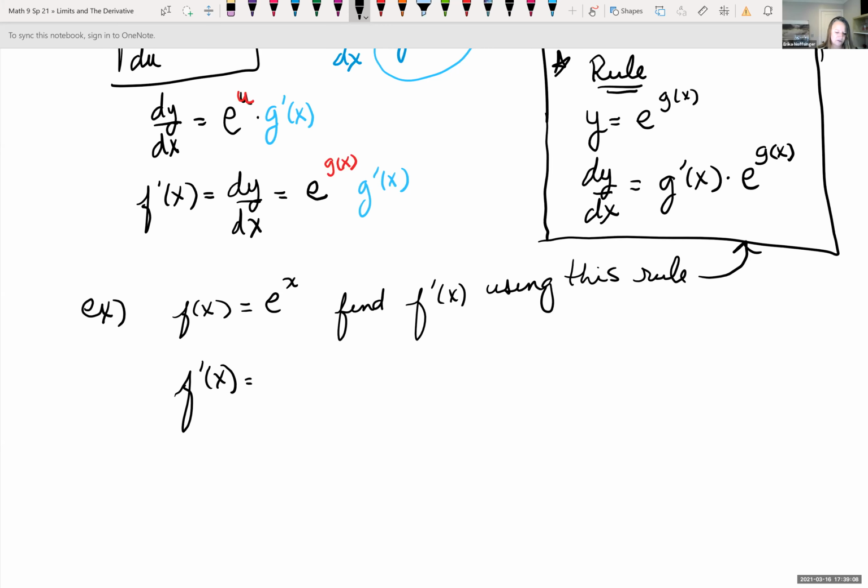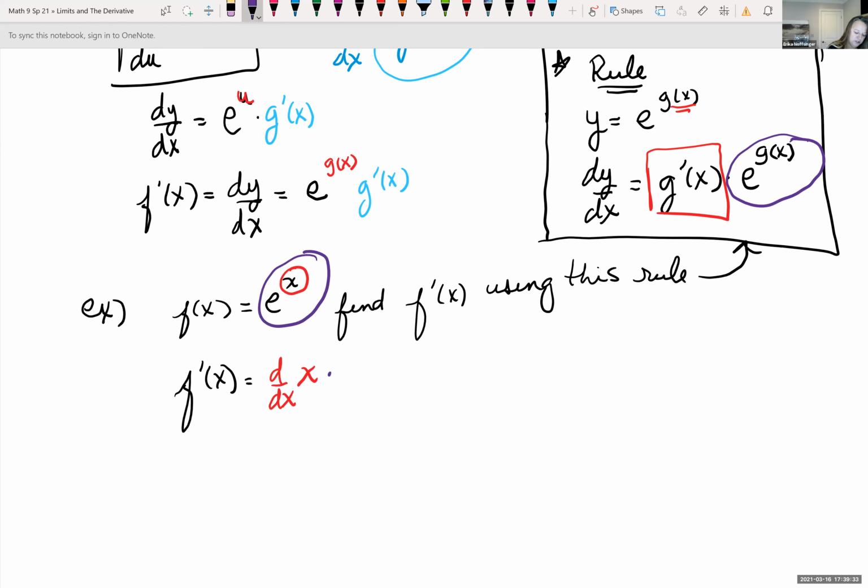Well, it says we're going to take the derivative of our exponent. Well, if I look at my exponent, the derivative of x is just 1. So I'm going to take d dx of x times the original function that we're starting with.